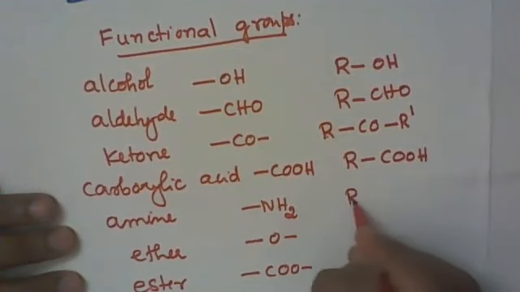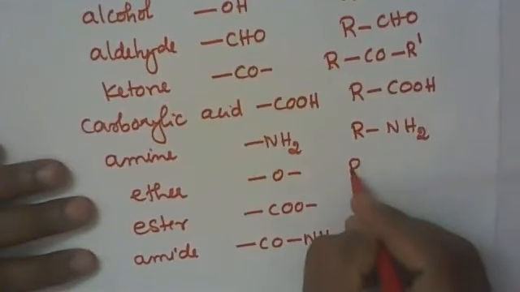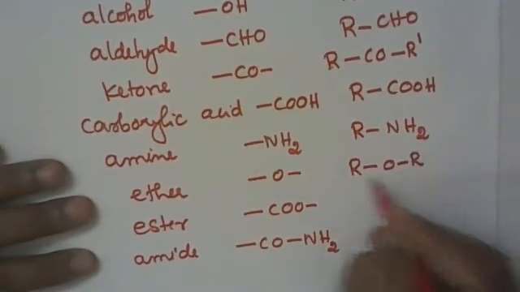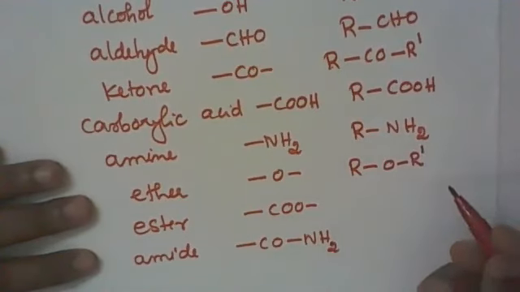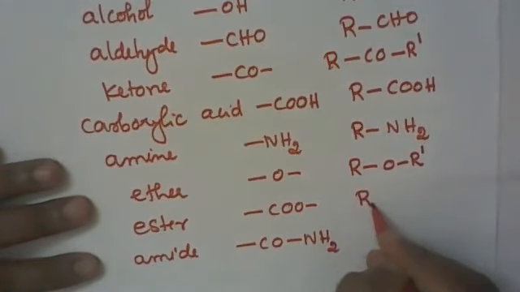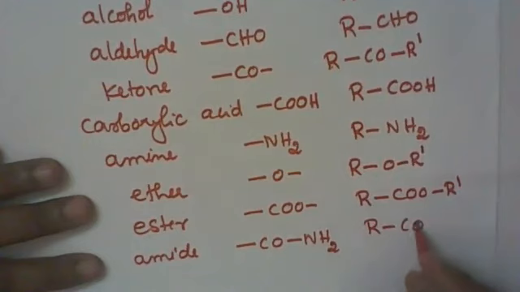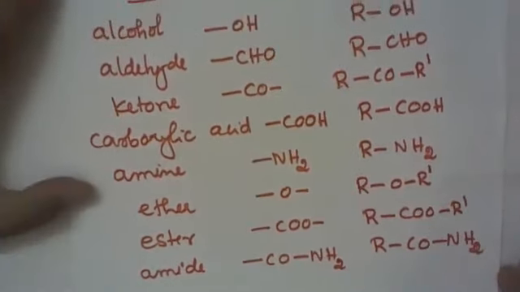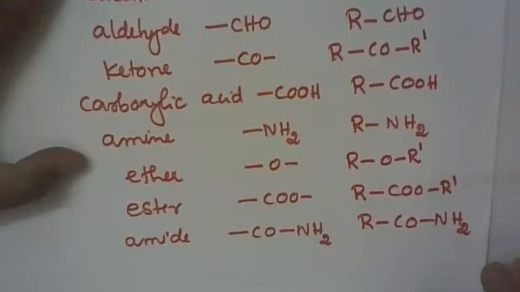Amines, RNH2. Ethers, ROR. R groups can be same or different, right? Esters, RCOOR'. Amides, RCONH2. You must remember all these functional groups when you're studying organic chemistry in the 12th standard, right?